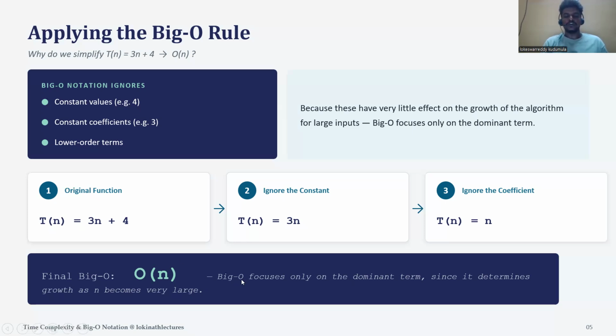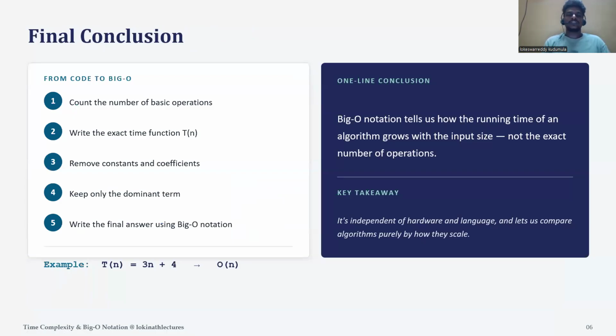Big O focuses only on the dominant term, since it determines the growth as n becomes very large. The big O notation only focuses on the growth rate of the n value, ignoring the constant, the coefficient and low order terms. This is the conclusion.